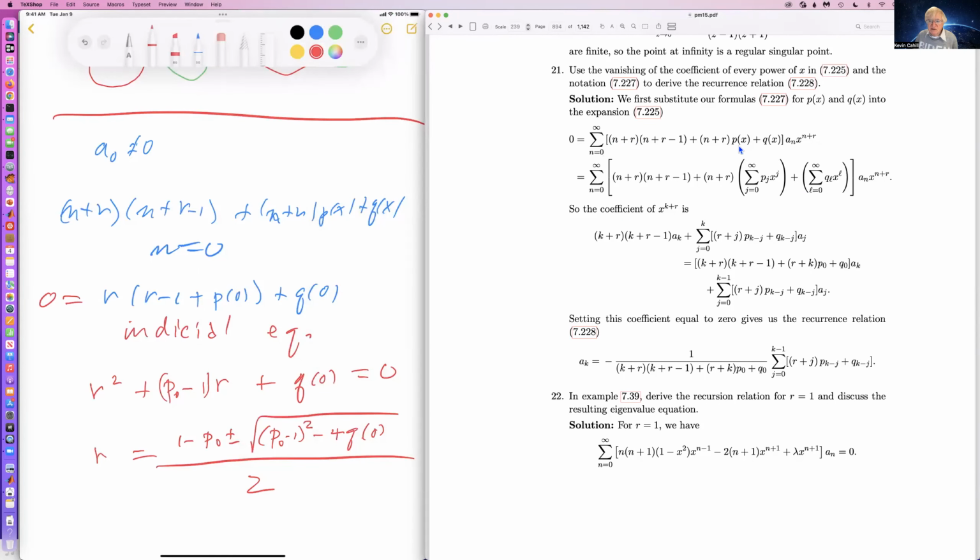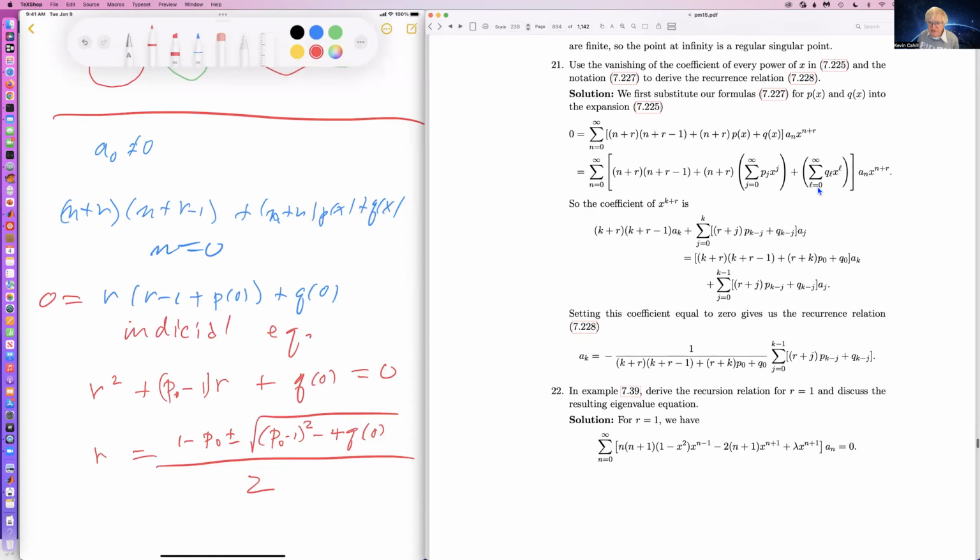So what we want is to solve this equation. And what we do is we replace P of x by its form. It's in general an infinite series. Q is in general an infinite series.